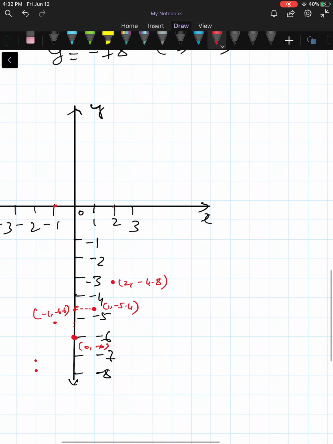Okay, so if you join all the points now, it started from here and went on, connecting all the points. Then connect these points and this. So the graph looks somewhat like this. This is how you sketch the graph of the given equation.